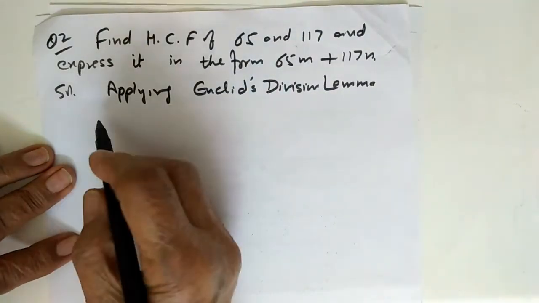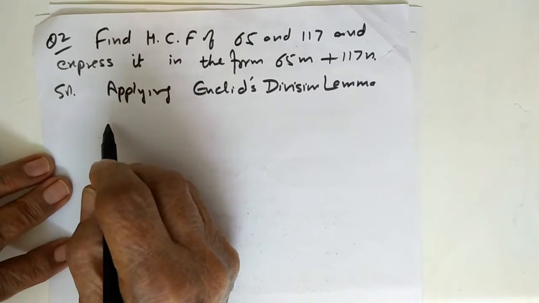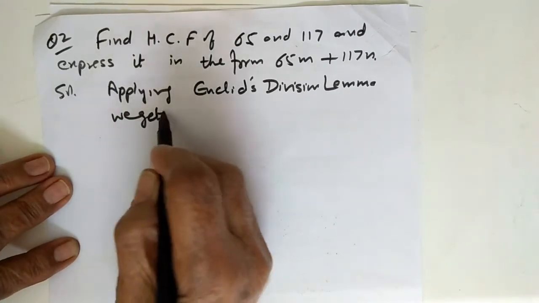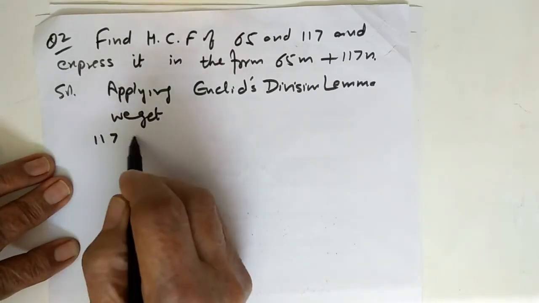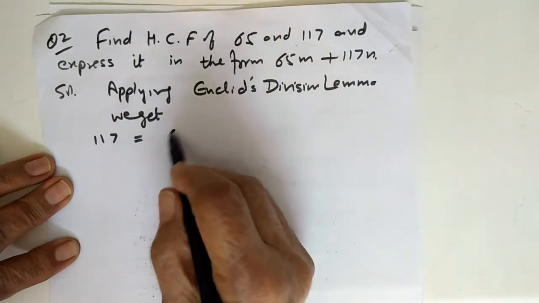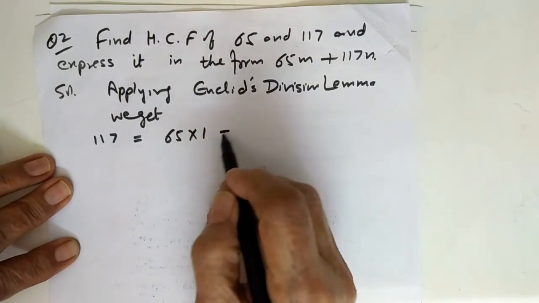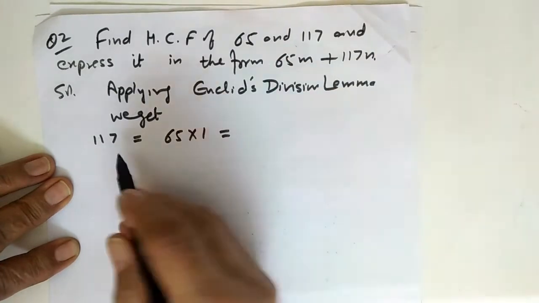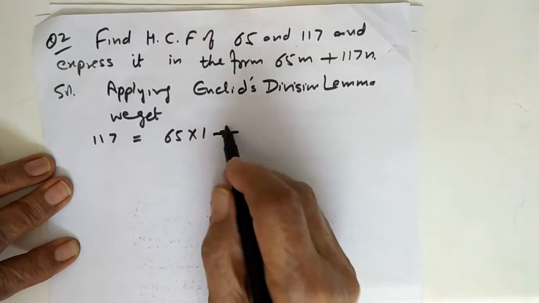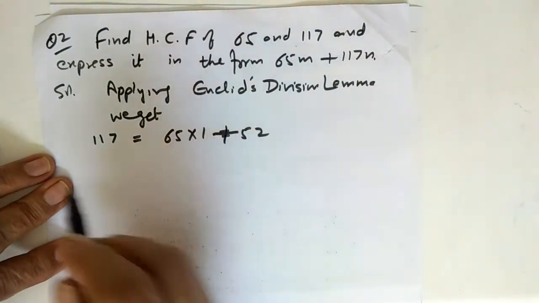We get 117 is equal to, you have to divide it by 65, 65 into 1 plus 52.